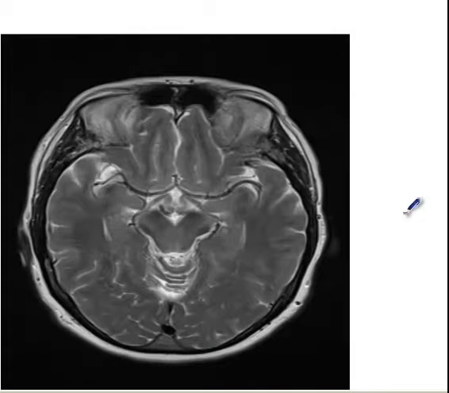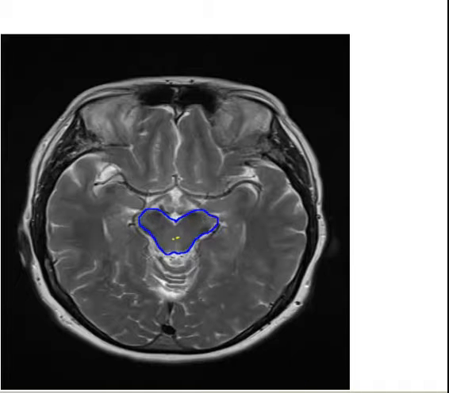Let's go to this image. This is an actual MRI, and first I will draw an outline of the midbrain. This is the midbrain. These are the cerebral peduncles. You have the tegmentum, then the tectum. You have the third nerve nuclei somewhere around this area.